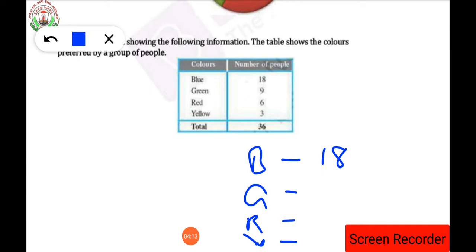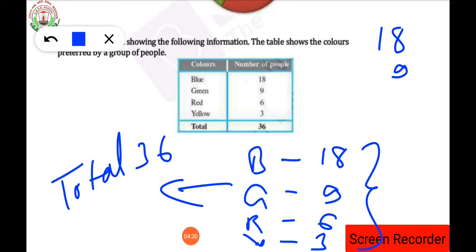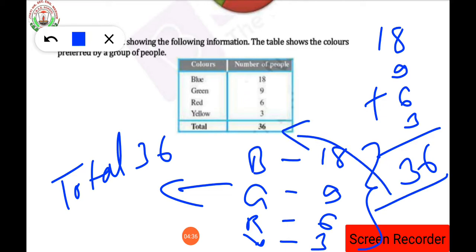Then after that green color, then red color, and the least is yellow color. So altogether, when we add all this data, 18 plus 9 plus 6 plus 3, the total will be 36. That will be the total data.